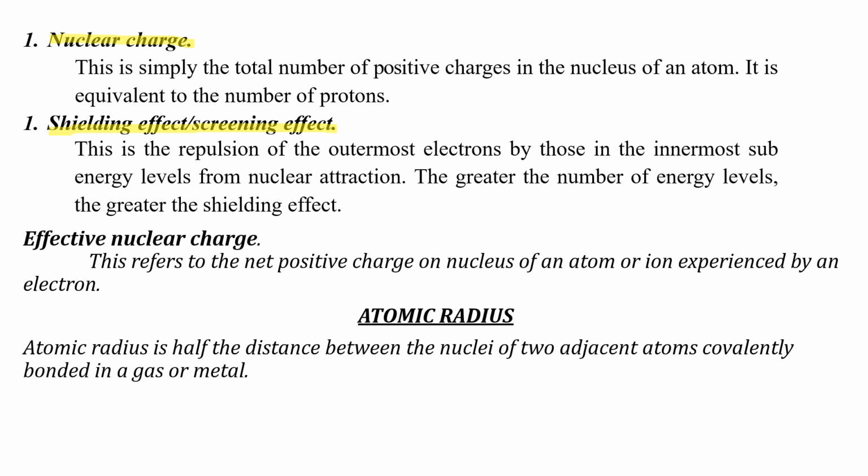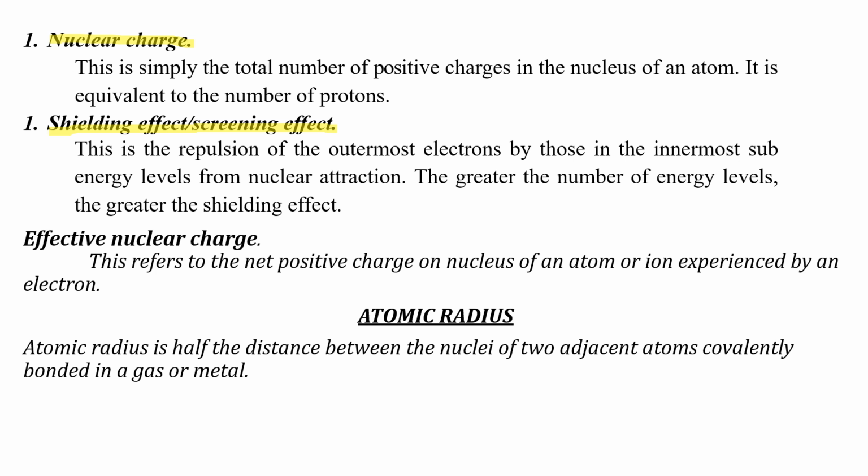So across the period, electrons are being added to the same energy level, so we don't expect any significant increase in screening or shielding effect. But down the group, we are adding completely filled energy levels of electrons from one element to the next. So we are expecting screening effect to be increasing down the group.